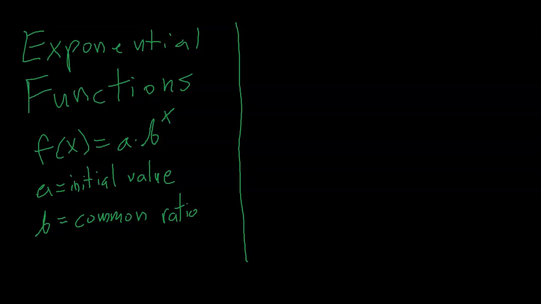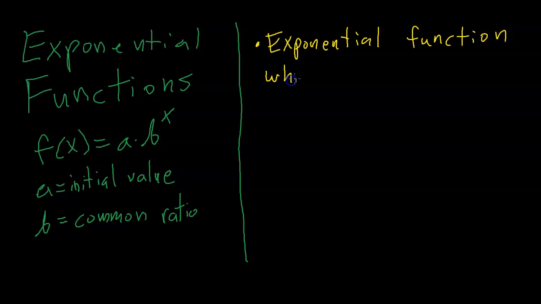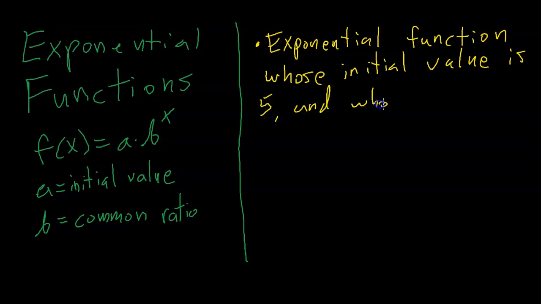All right, so let's get some practice writing these out, just given basic information. We'll start off pretty simply. Let's say we have an exponential function whose initial value is +5 and whose common ratio is +7, right?